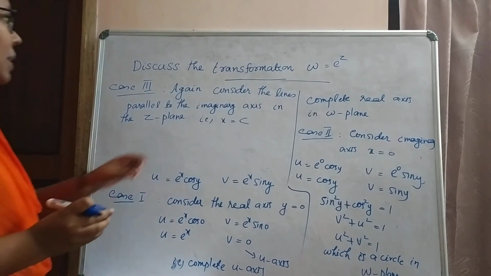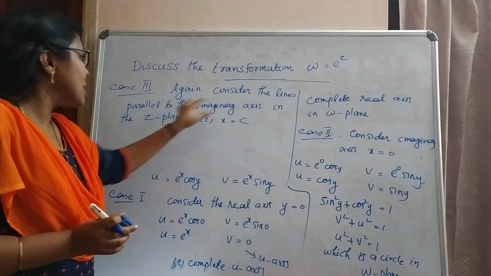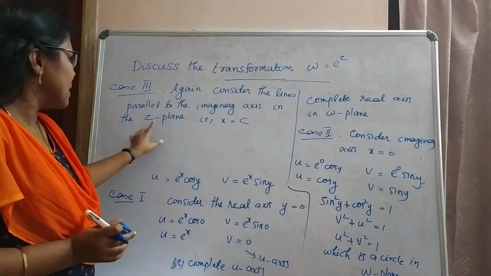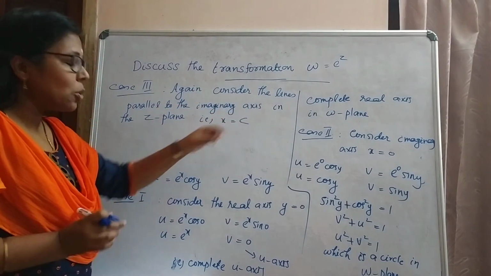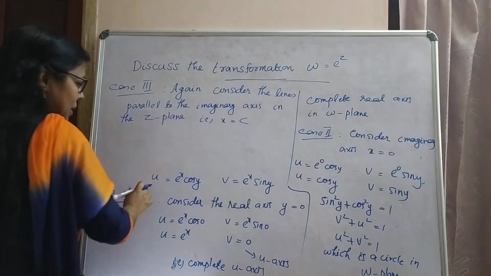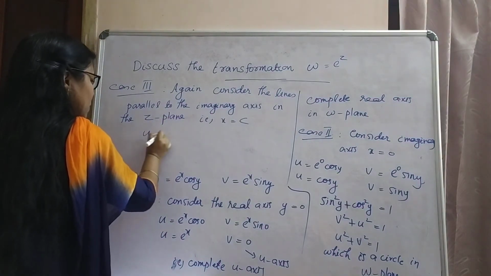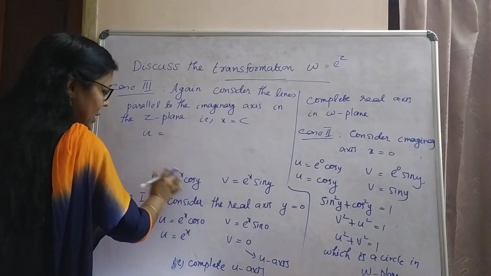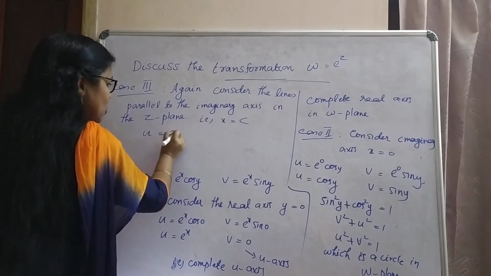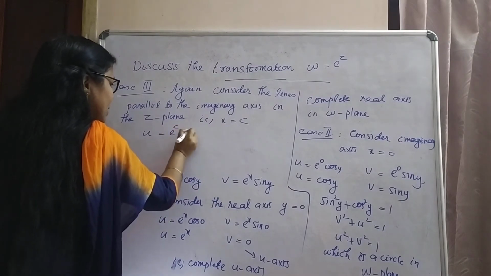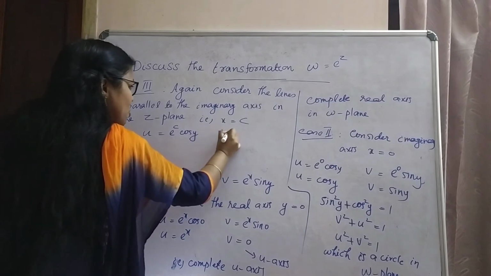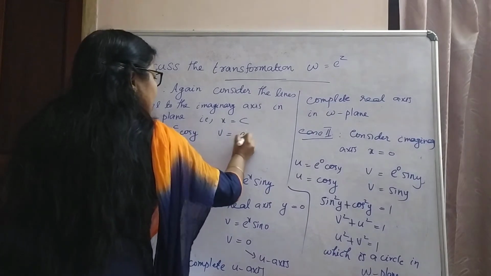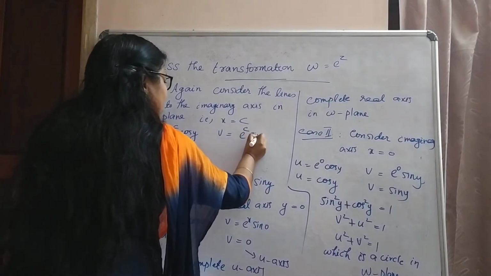Now case 3. Again consider the lines parallel to the imaginary axis in the z plane. That is x equal to c. X equal to c means u is e raised to x cos y. Therefore, u is e raised to c cos y. Also v is e raised to c sin y.